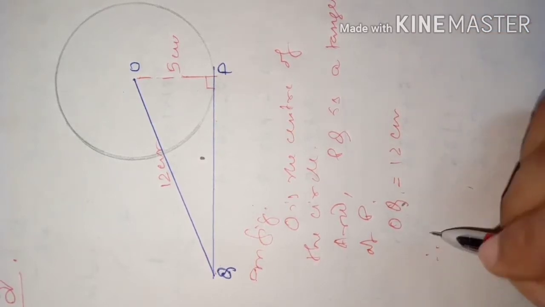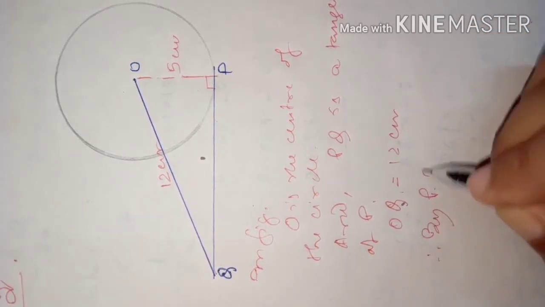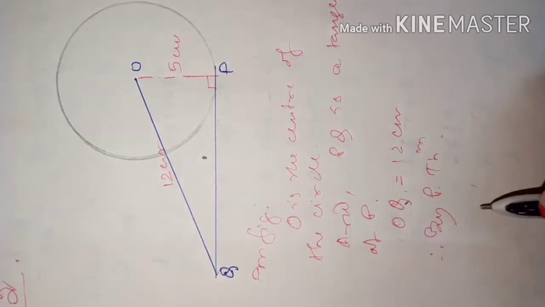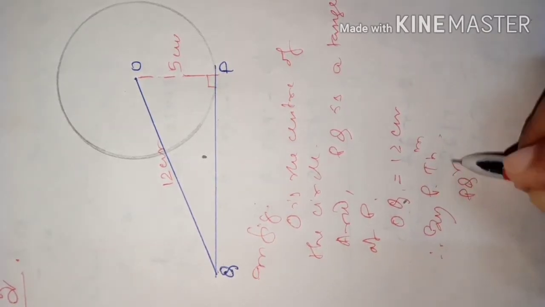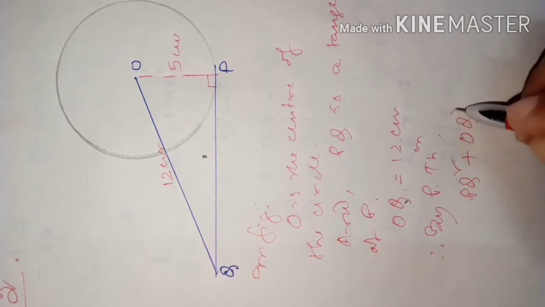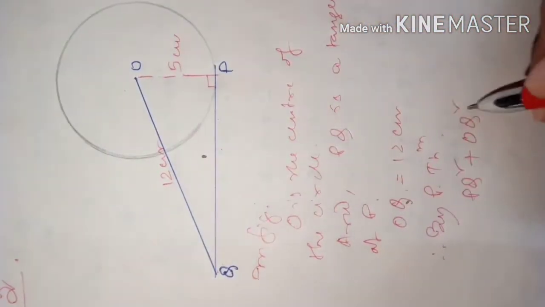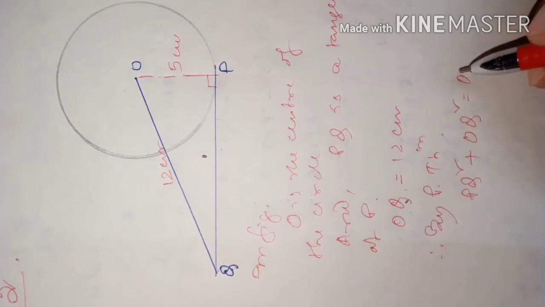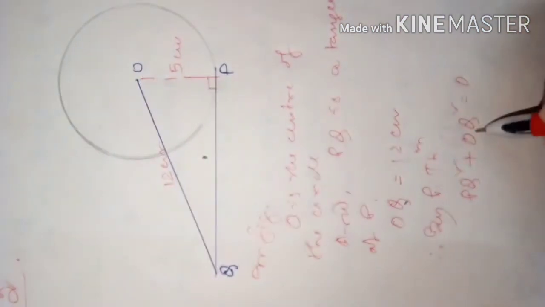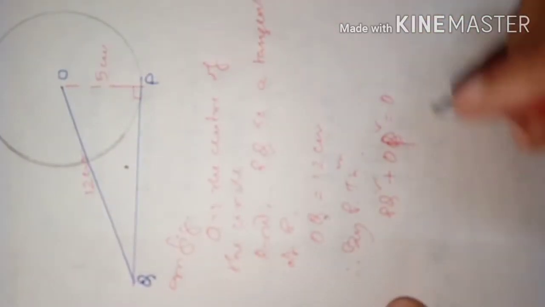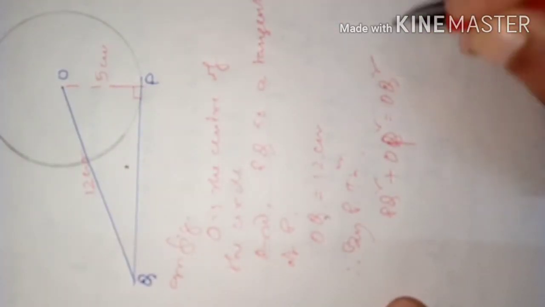Therefore, by Pythagoras theorem, base square plus perpendicular square equal to hypotenuse square, so PQ square plus OP square is equal to OQ square.